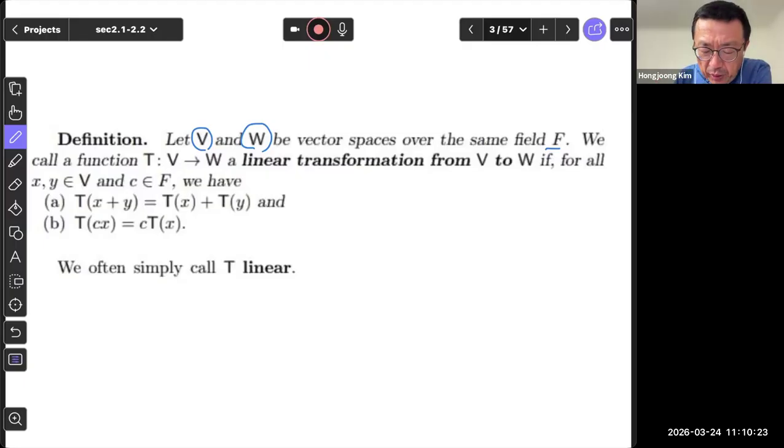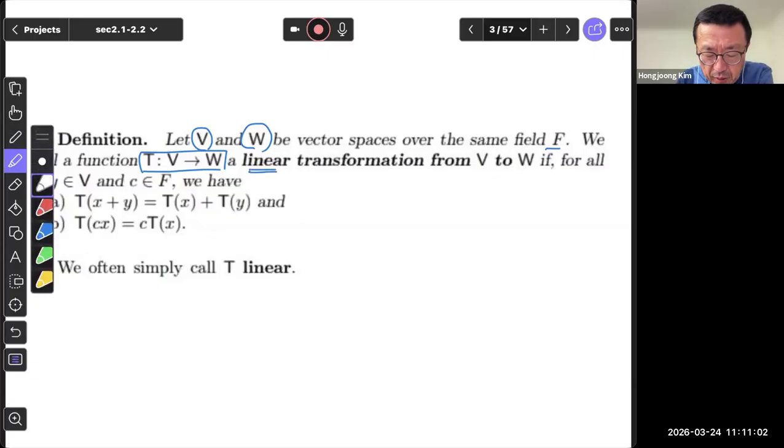Now, when I use this notation, that is representing a function, a mapping from V to W. So when I say a function from V to W, as you know, for each element in V, we assign some element in W, right? So that we can define some connection between these two. Now, we say this function is linear.